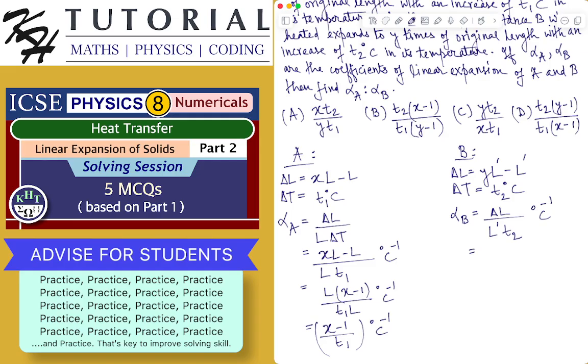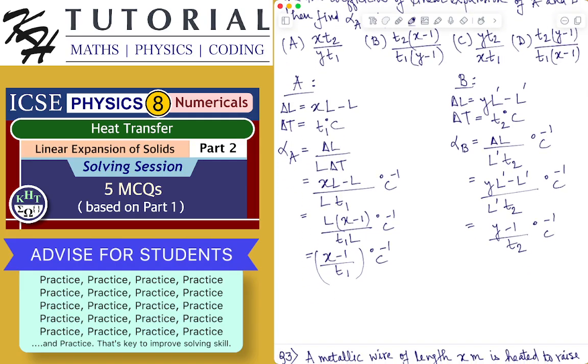Now delta L is yL dash minus L dash divided by L dash T2 per degree Celsius. After simplification, L dash will cancel out from both the numerator and the denominator, and we will have (y minus 1) divided by T2 per degree Celsius.